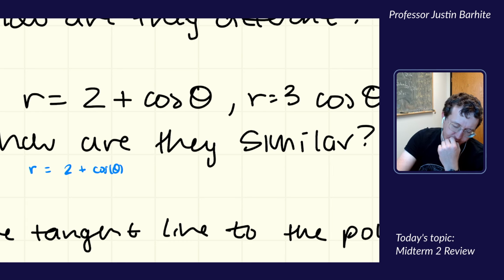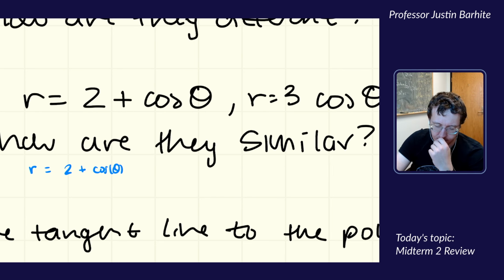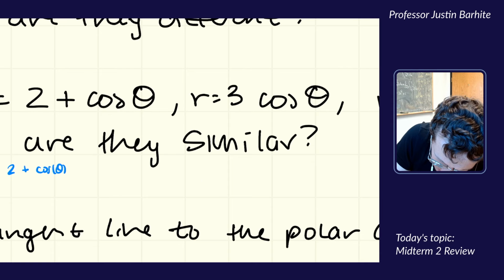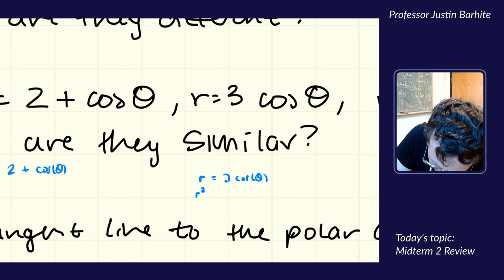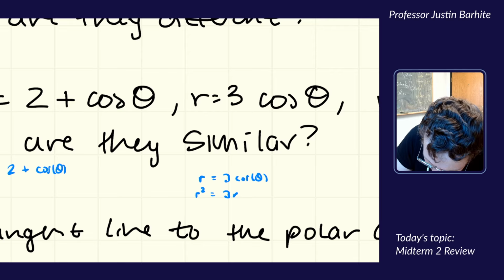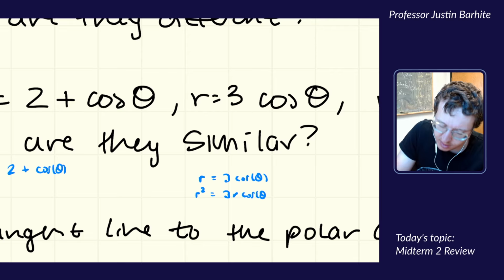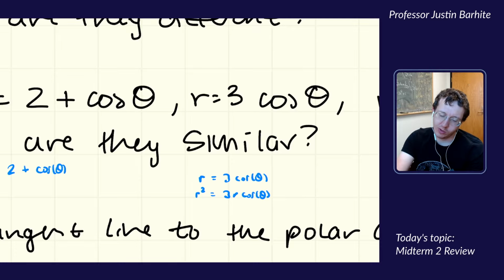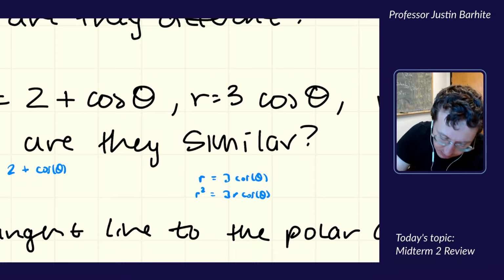Okay, let me come back to this one because something's not clicking for me right now. This one should be fairly easy to analyze, though. If I multiply both sides by r, and again, I want to do that because when I see cosine theta, I'm thinking that's sort of like an x-coordinate, where it would be if I had a factor of r.